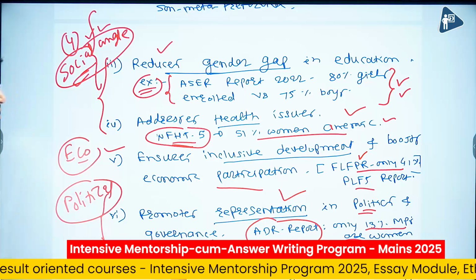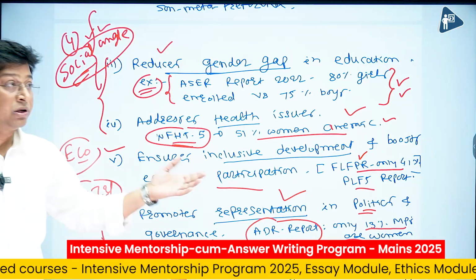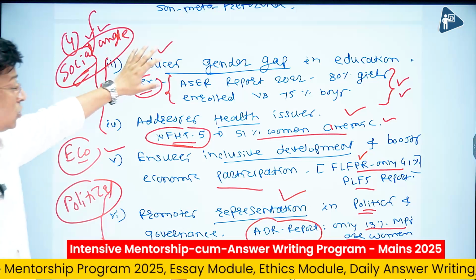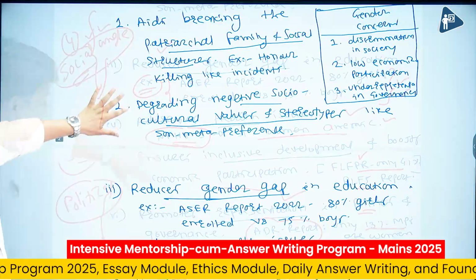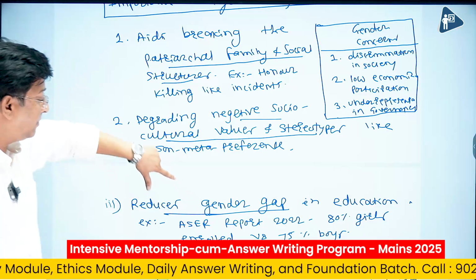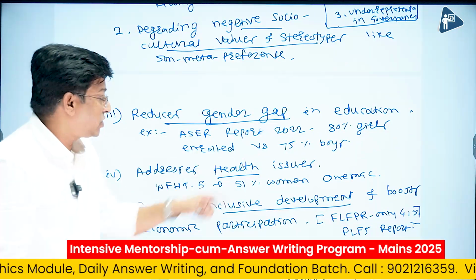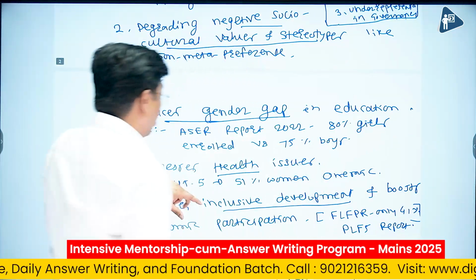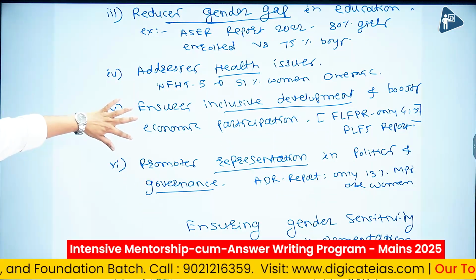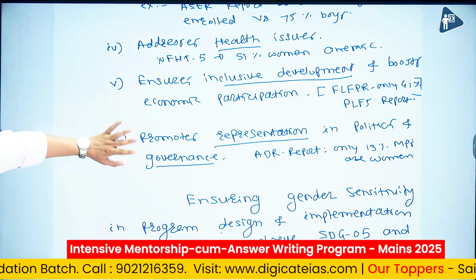So I have tried to make my answer more multidimensional. The first part talks about society related angles: the patriarchal family, then socio-cultural values and stereotypes, then the gender gap in education and health. These are all important points from the social angle, then the economic angle, and then the political angle.